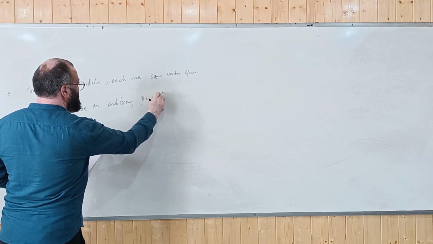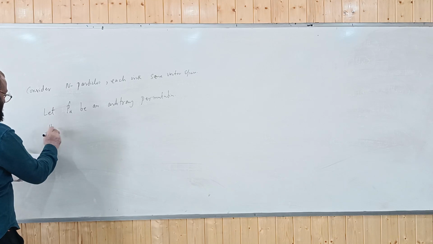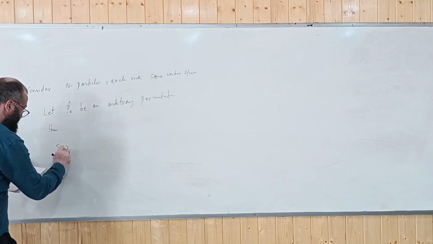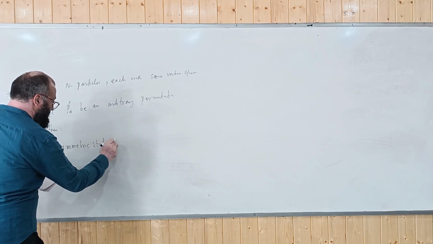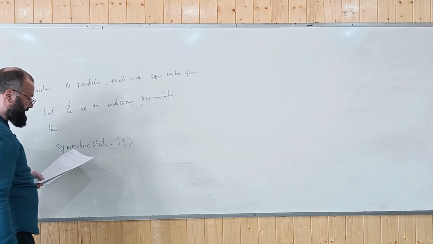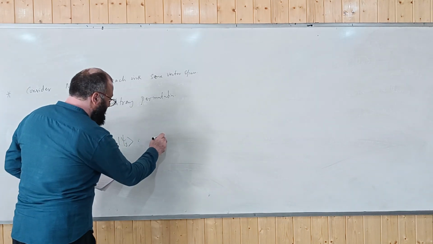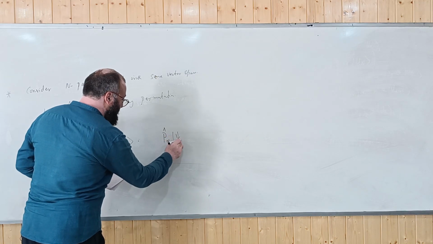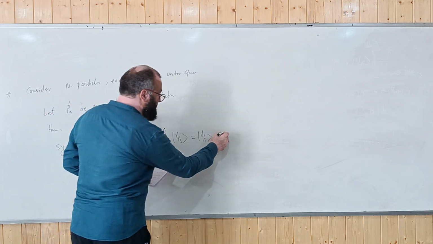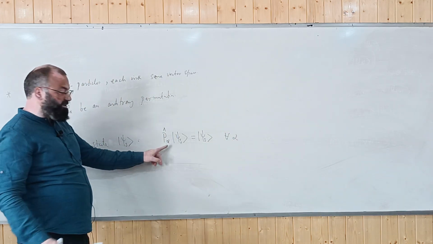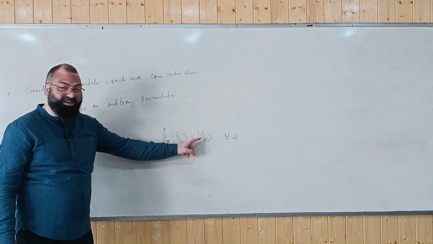Then I define the symmetric state psi s in this way. So you act with P alpha on psi s and it is equal to psi s, for all alpha. Because these are all the possible n factorial permutations, under all those permutations it should remain the same.